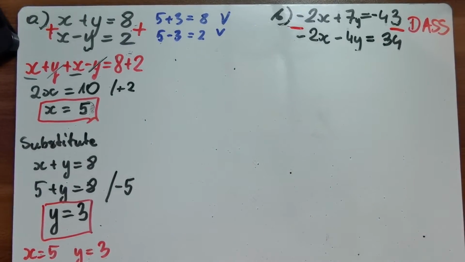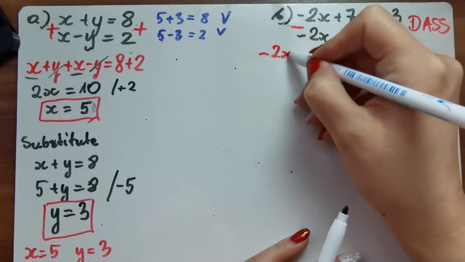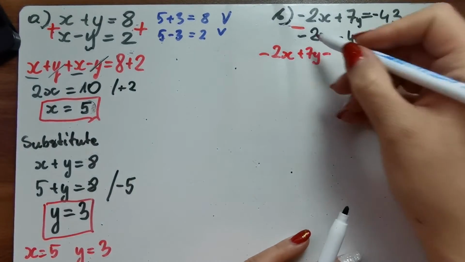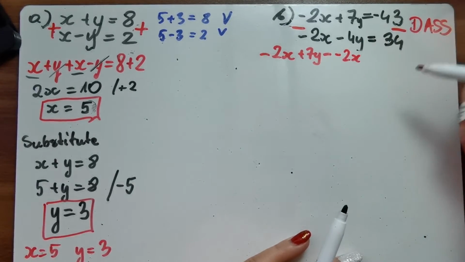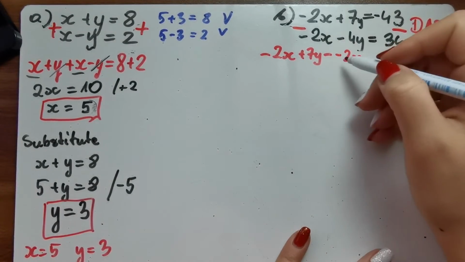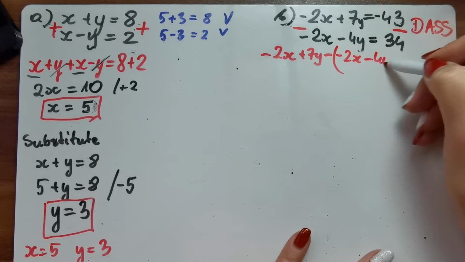So taking away. The left-hand side: negative 2x plus 7y, take away negative 2x. I'll write it down this way just to show you why I will change the sign later. Take away 4y.